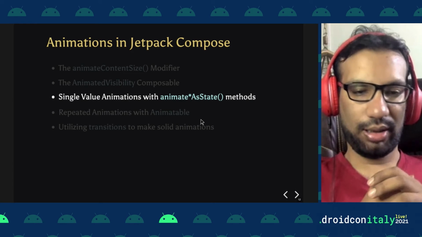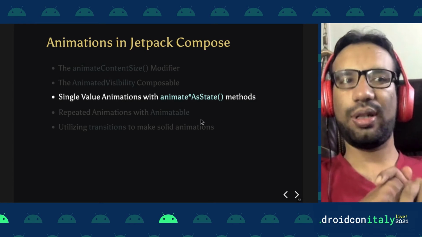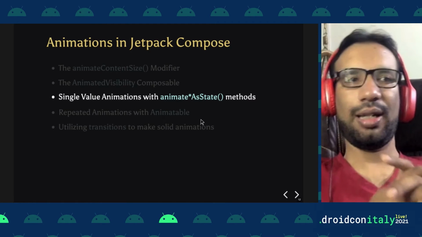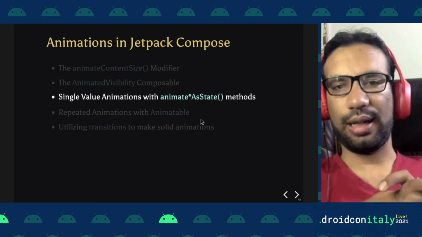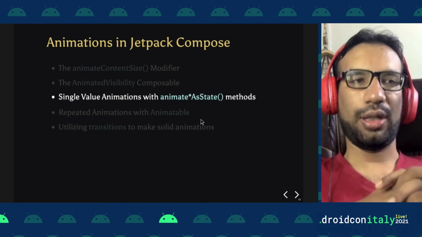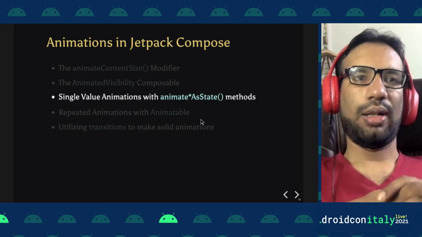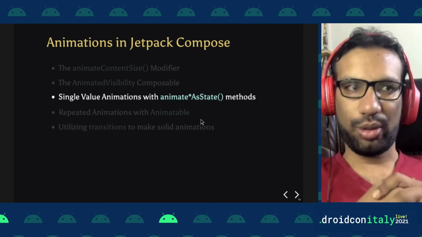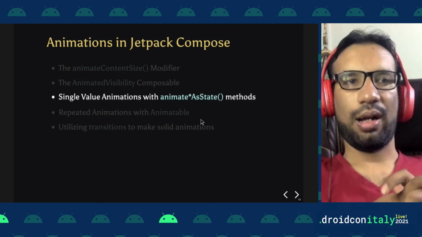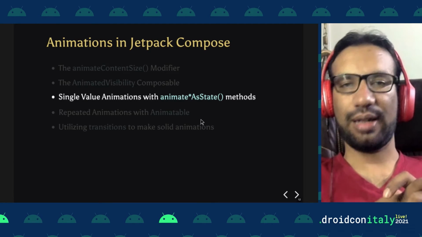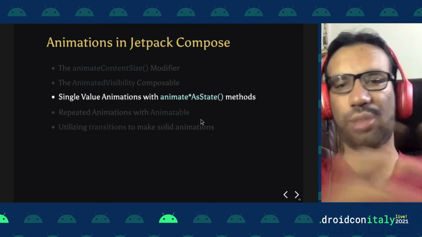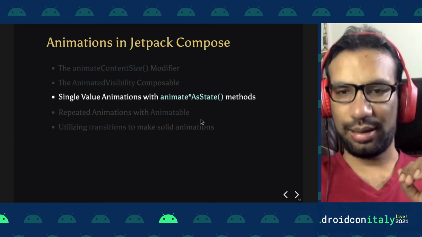But sometimes we often get opportunity to create animations which are not for any purpose, which are more like fire and forget animation. So, for example, in Twitter, you are liking some tweet and it just pushes you with a very beautiful heart effect animation. Those sort of animations you can actually create with these animate-as-state methods.